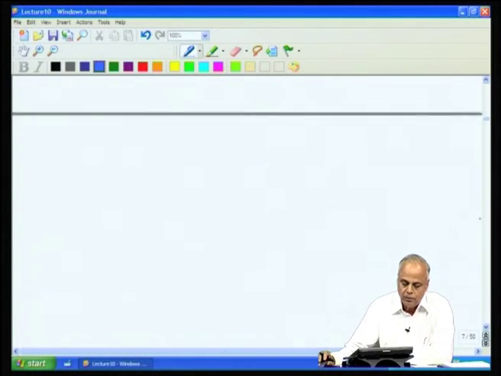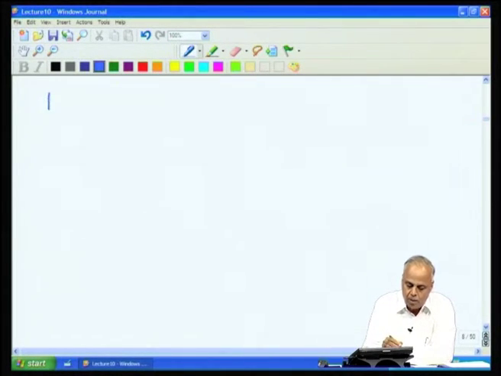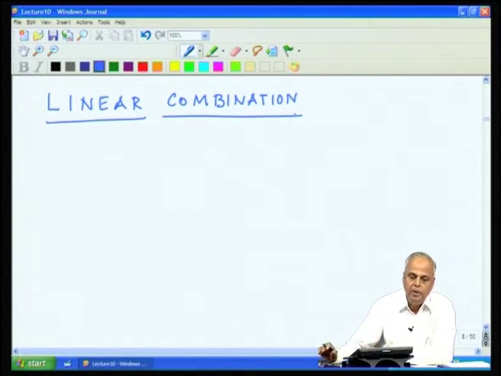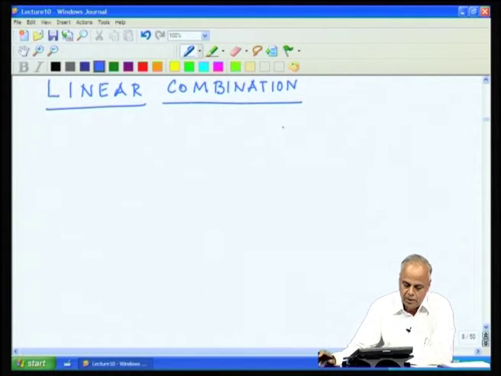in our bank and try to use them whenever we need. We now introduce another important concept, in fact the first important concept in vector spaces, known as linear combination. What do we mean by linear combination?